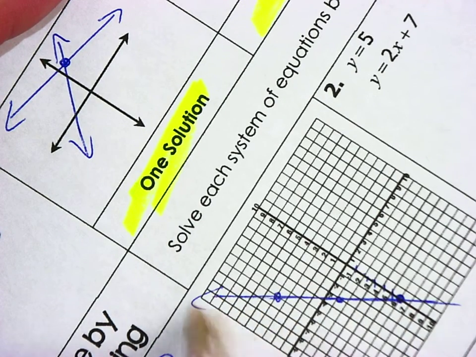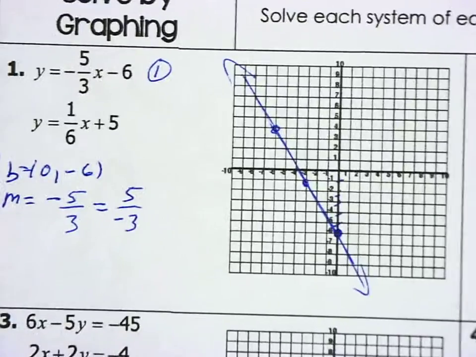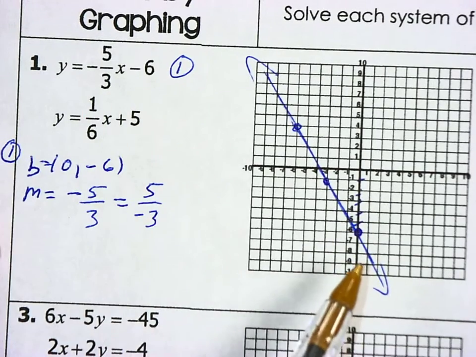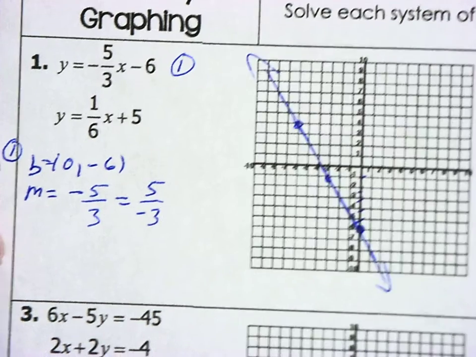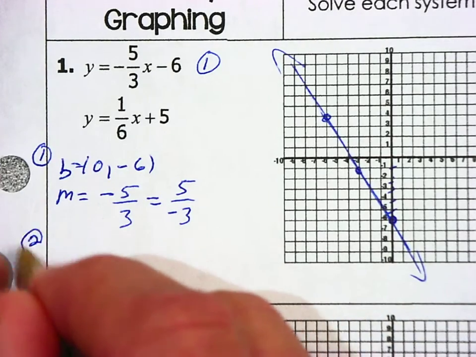You want nice straight lines for this method because you're trying to find out where the two lines intersect. Okay, before I get too happy with this, I had an x and a y, so it should be diagonal. The slope was negative, so it should be falling down. Okay, we're good.